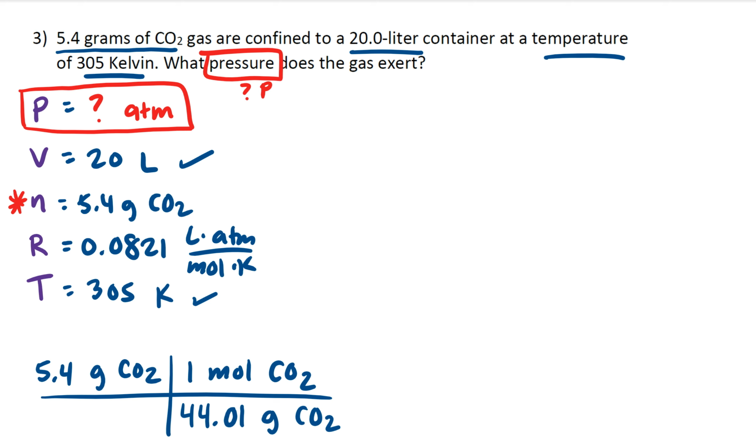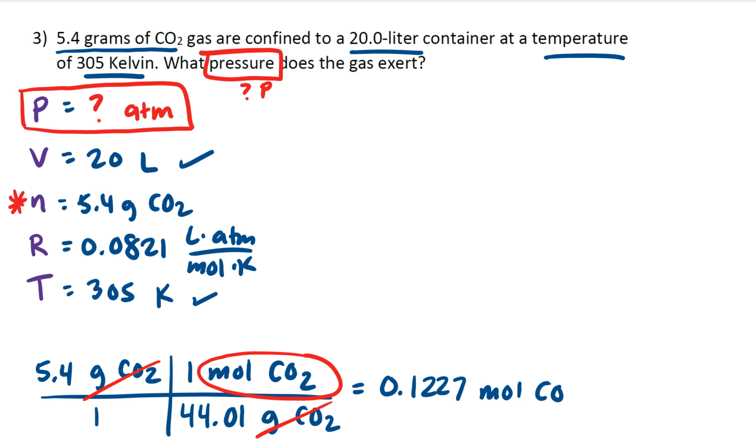If it helps you also, you can put that 1 underneath the 5.4 grams. And now we know that our units are going to cancel, grams and grams, and we are left with moles on that top row. And now we just do the math. 5.4 divided by 44.01 in the calculator is going to give me 0.1227 moles of CO2.